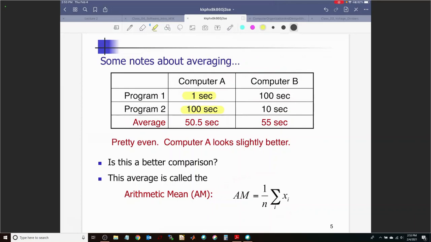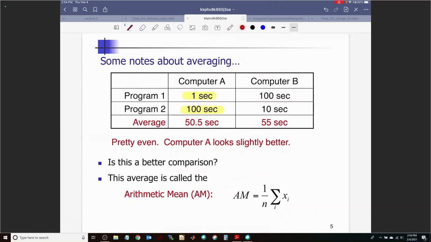And if you do the same thing for computer B, you've got 55 seconds, right? So it looks like pretty even numbers here. Although if I just looked at program 1 and program 2, it was not pretty even. But because I have some average here, computer A looks slightly better because it's taking about 4.5 seconds less than computer B on average.